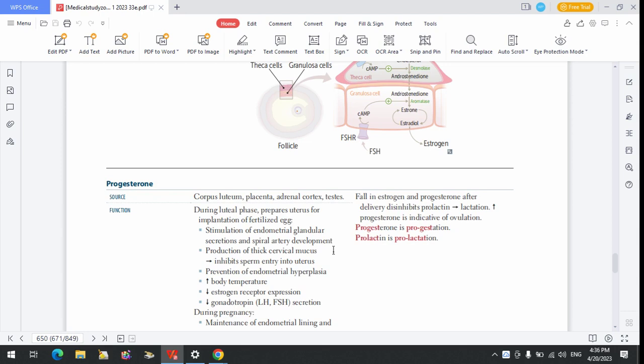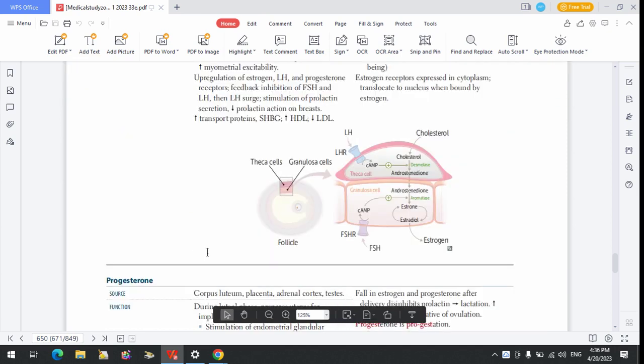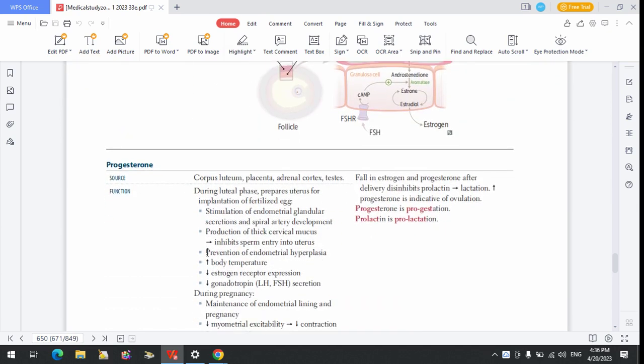But progesterone has a calming effect on the myometrium. It inhibits myometrial excitability. The last one is inhibiting prolactin function, just like estrogen.